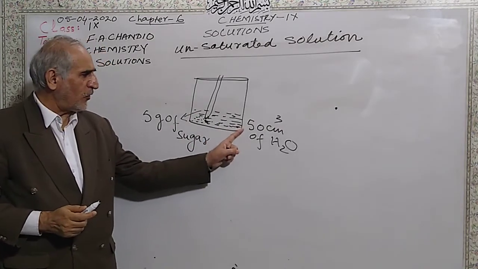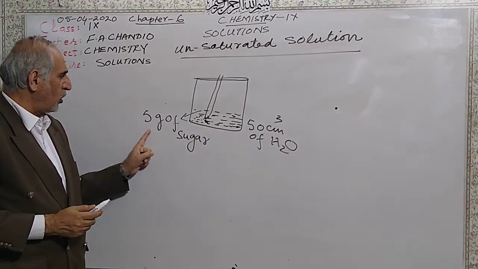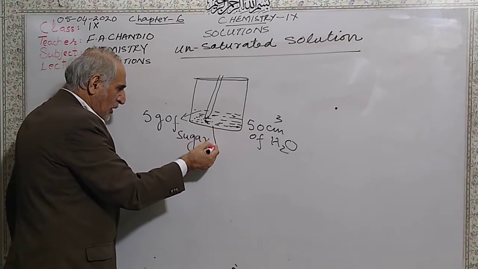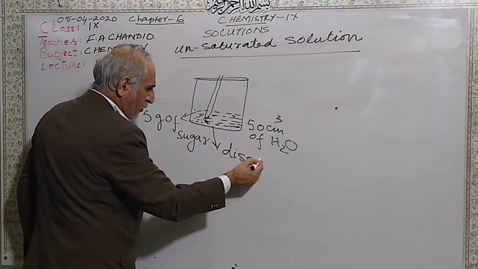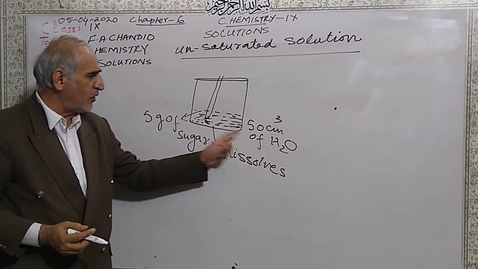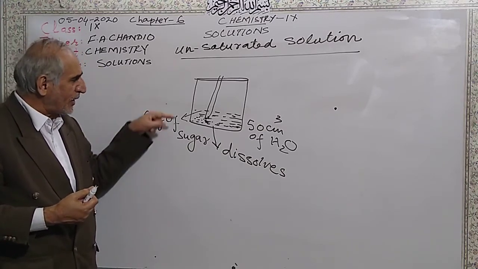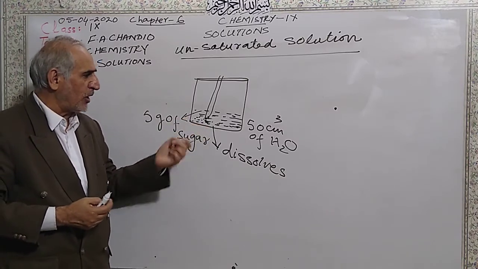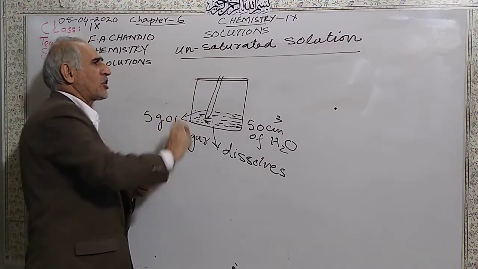So when you take 50 centimeter cube of water in a beaker and you dissolve 5 grams of sugar, and the sugar dissolves in water, and again this solute can dissolve in the solvent to make a solution, this is called an unsaturated solution.